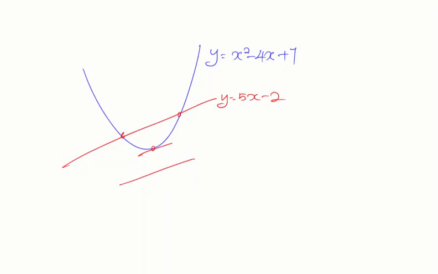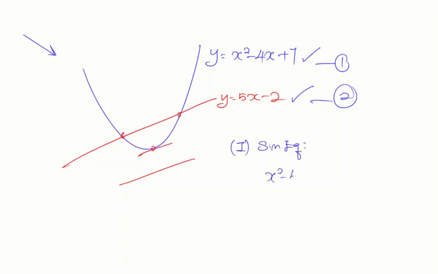Okay, so when you see this kind of question, one curve and one straight line, please draw this, and then label this equation 1, equation 2, and follow these steps. Step number 1, simultaneous equations: x squared minus 4x plus 7 equals 5x minus 2, so x squared minus 9x plus 9 equals 0. You form a quadratic equation.